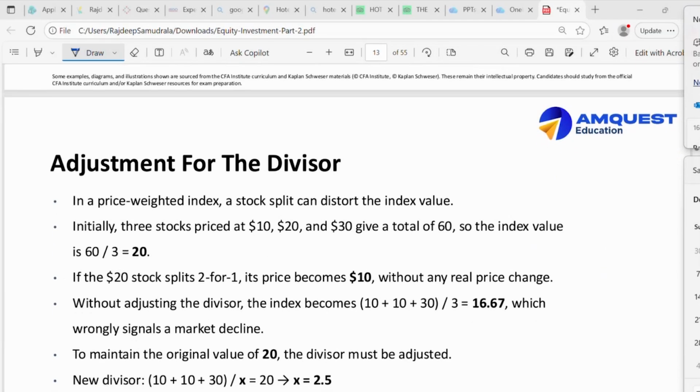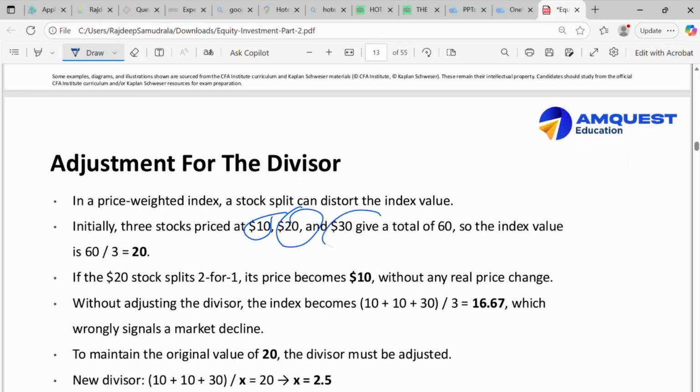Example, if you look at the example here, let's say I have 10, 20 and 30. So the price index is 20, the average of the three. Now, if the stock that is 20 has split 2:1, then it has become 10. 10 is not a decrease in value, 10 is the value because of the split, where one share became two shares, right?